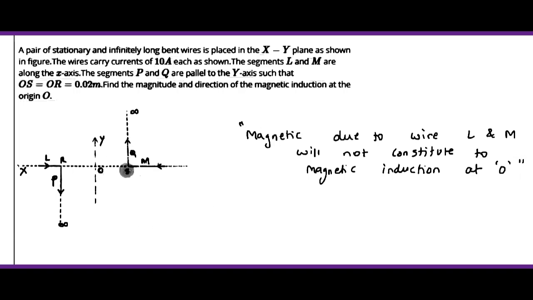So here we can see the wire M and L is lying along the point where we are interested in finding the magnetic induction. So L and M will not constitute for magnetic induction at O.